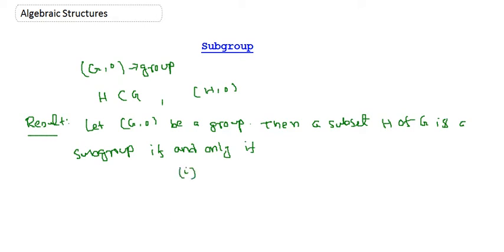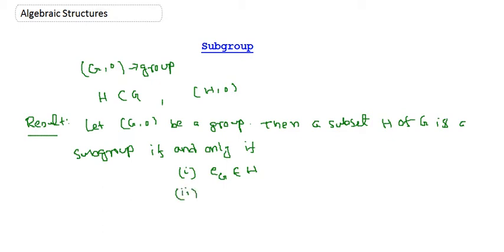The first condition is about the identity element of the group. We write e_G for the group, e is the identity element. We are using the notation e_G to denote the identity element of the group, and it belongs to the subgroup H, and it is obviously going to be the identity element of the group itself. So e_G belongs to H.